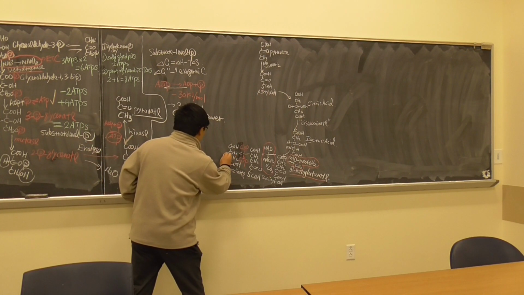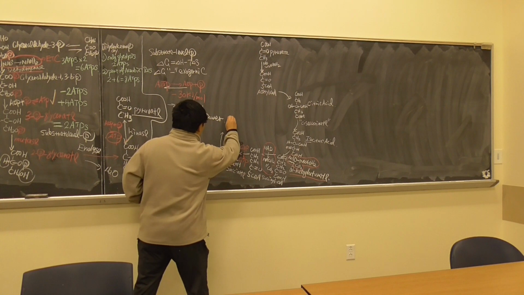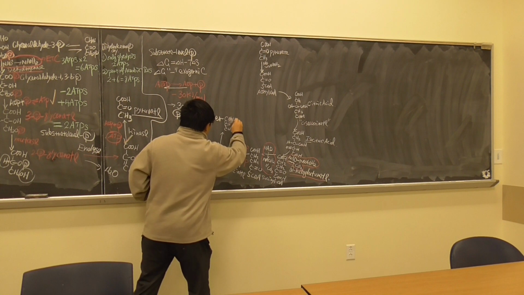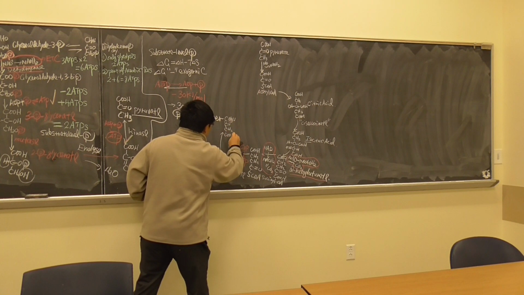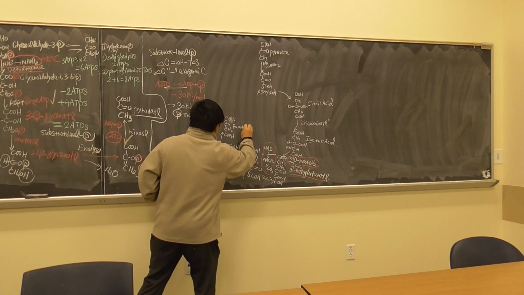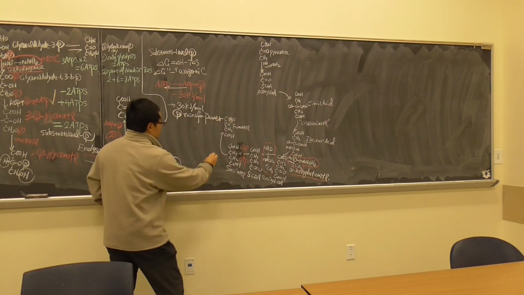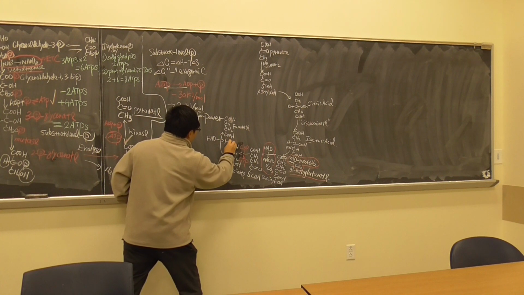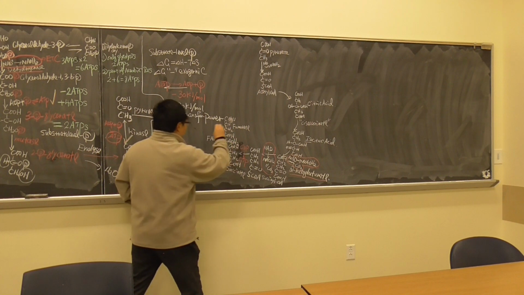Therefore, it goes up, becomes COOH, CH, CH, COOH. This is called fumarate. And this happened is FAD reduced to FADH2.